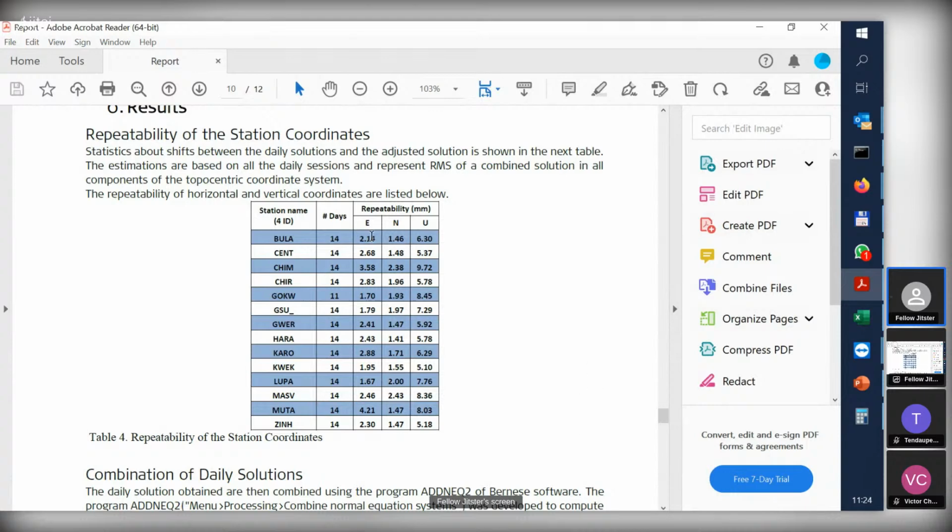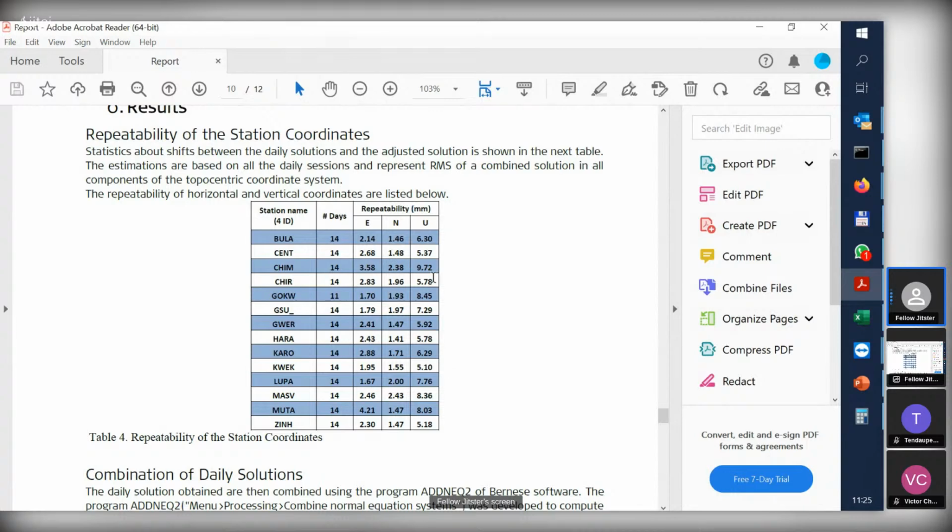So take into consideration that we use 14 daily data sets, which means 14 baselines based on 1 day computation, and these are basically for 14 days. These are the repeatability, so the differences between daily solution and the final solution. So you can see this repeatability is very low, which means good repeatability. So this is in millimeters.